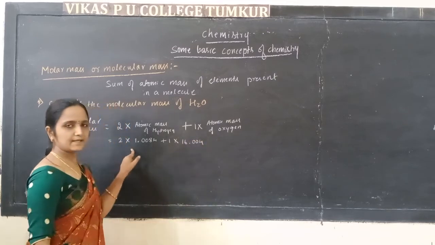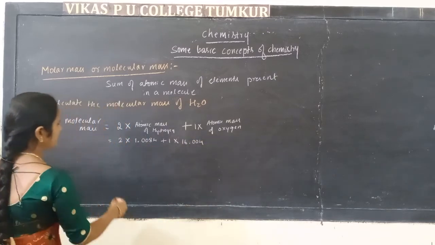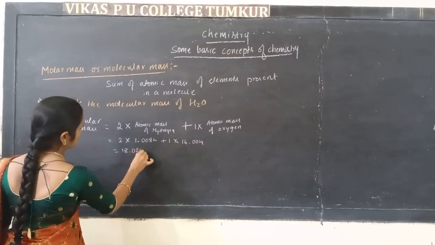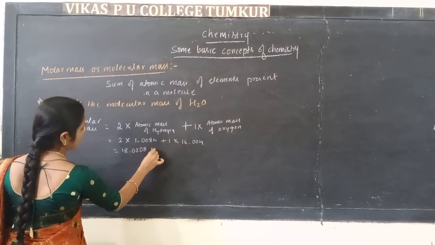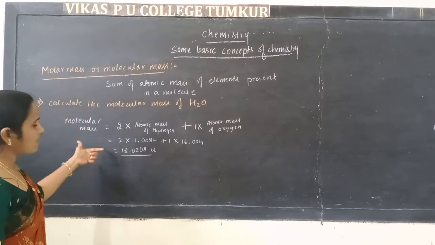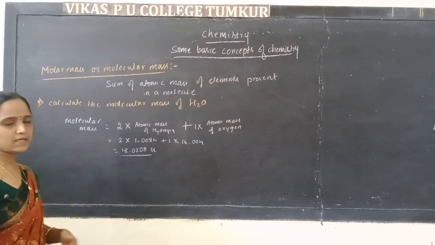On calculating these, we get 18.0208. That is unified mass. This is the way of calculating the molecular mass.